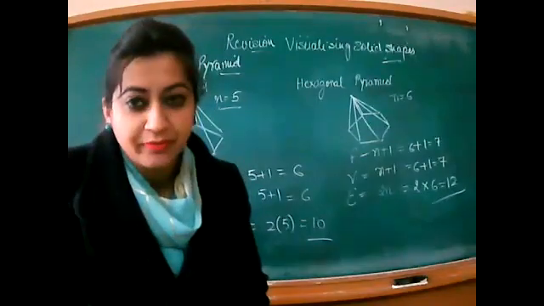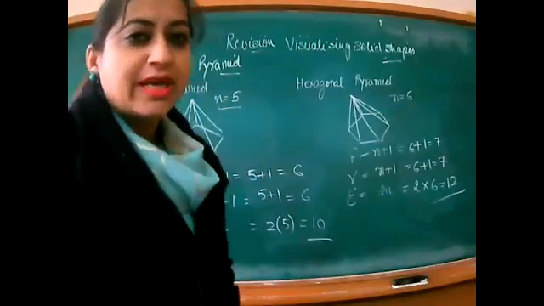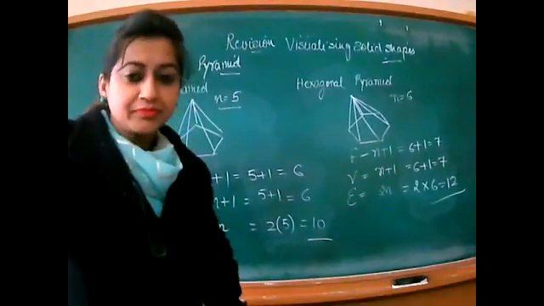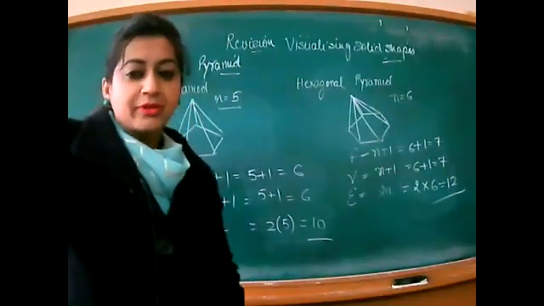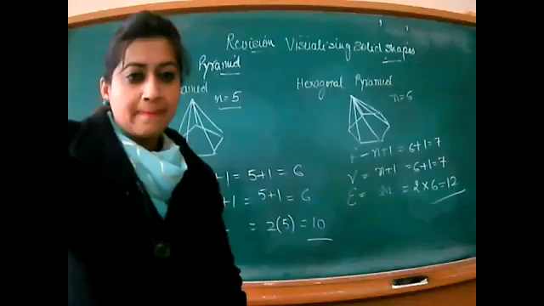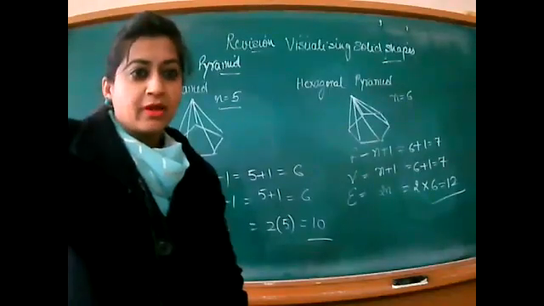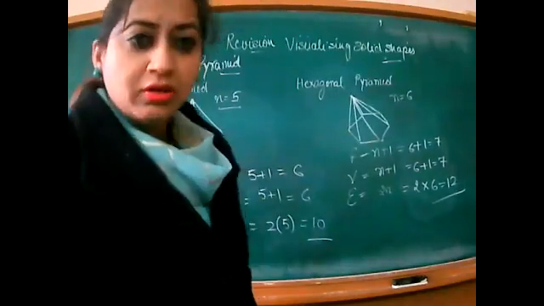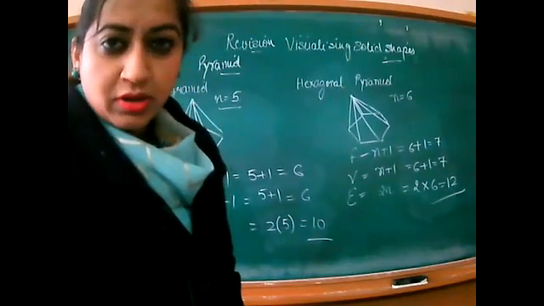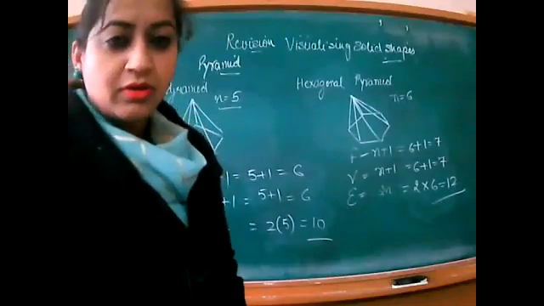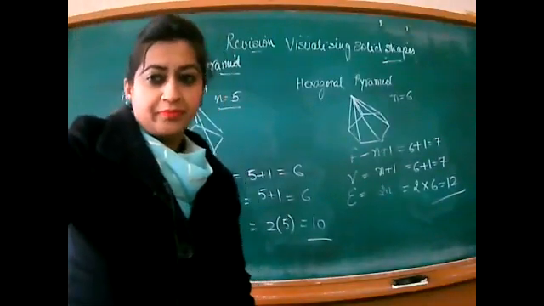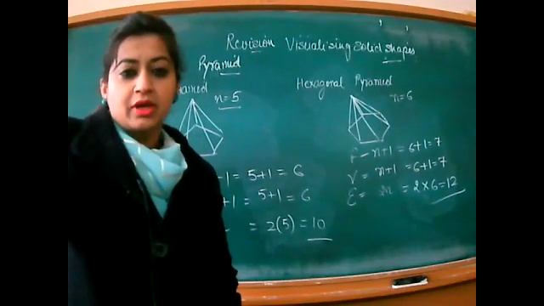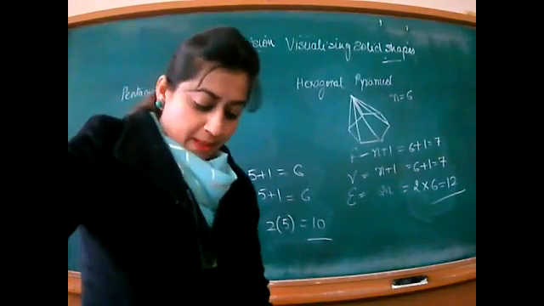What is a prism? Ma'am, a prism is a polyhedron with two polygonal faces lying in parallel planes.